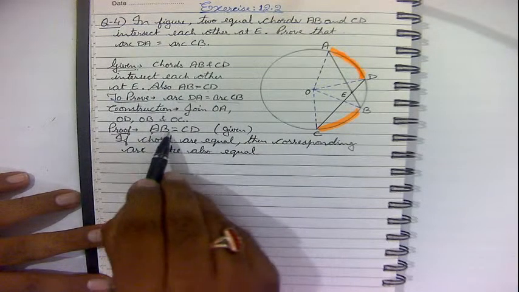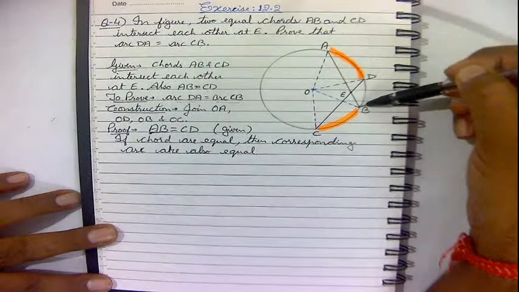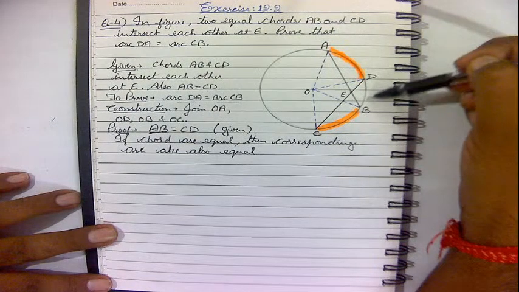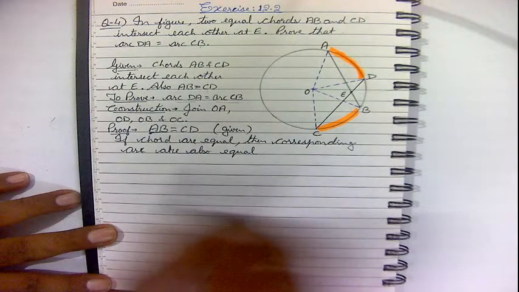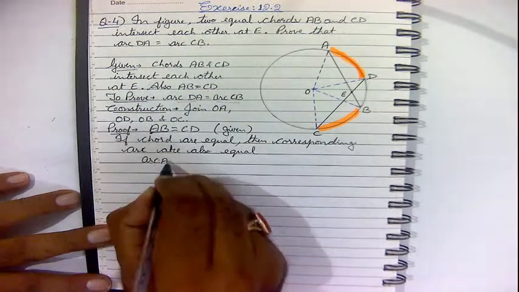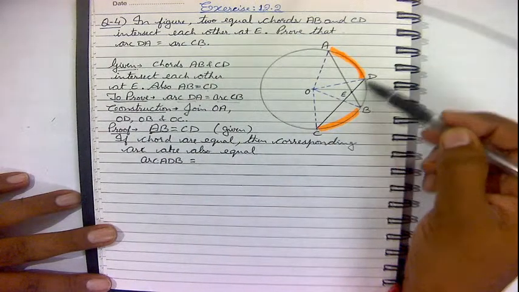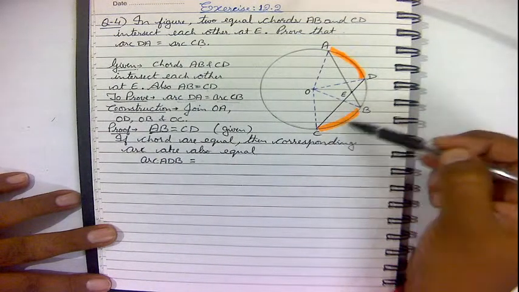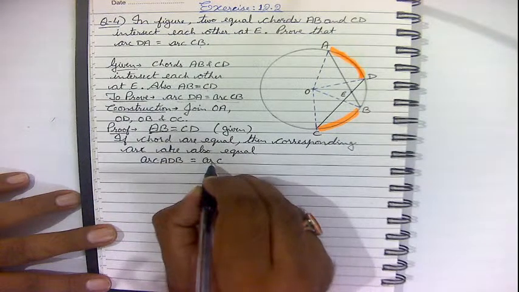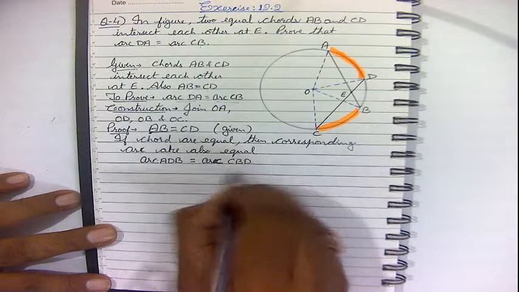Now this chord AB, this is the chord AB, then which is the arc associated? Let us take this arc ADB. Arc ADB equals to, now CD is the second chord, तो इसकी आर्क कौन सी है, CBD.